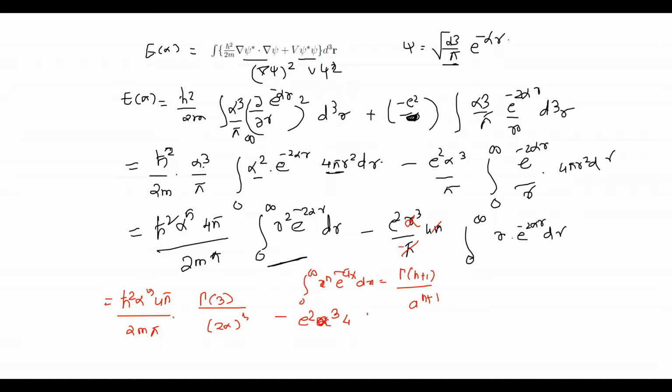So if I use n is equal to 1, I get gamma 2 and 2 alpha raised to what?